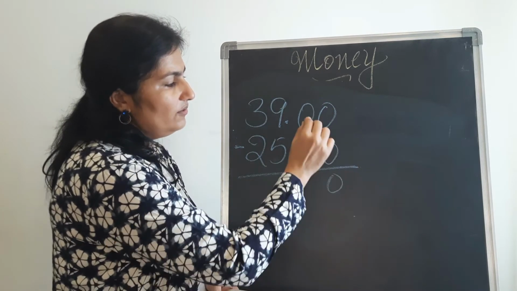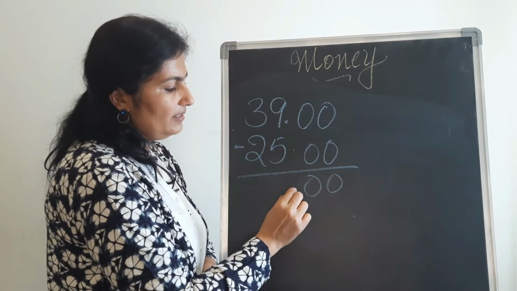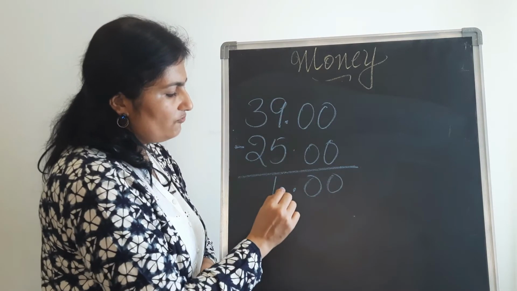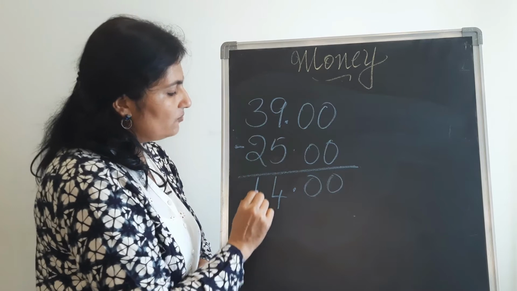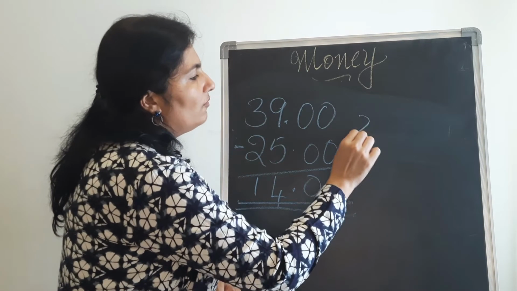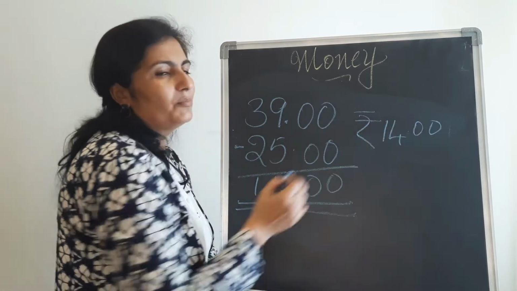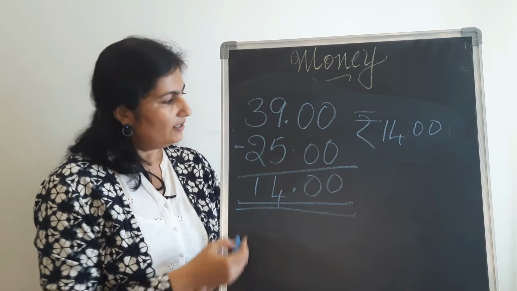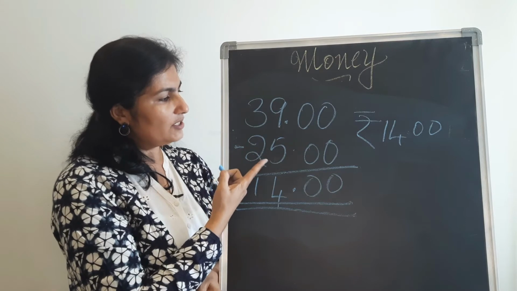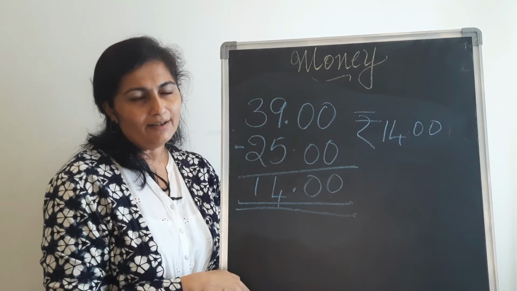So 0 and 0 decimal. 9 minus 5 is 4. 3 minus 2 is 1. So 39 rupees minus 25 rupees is 14 rupees.